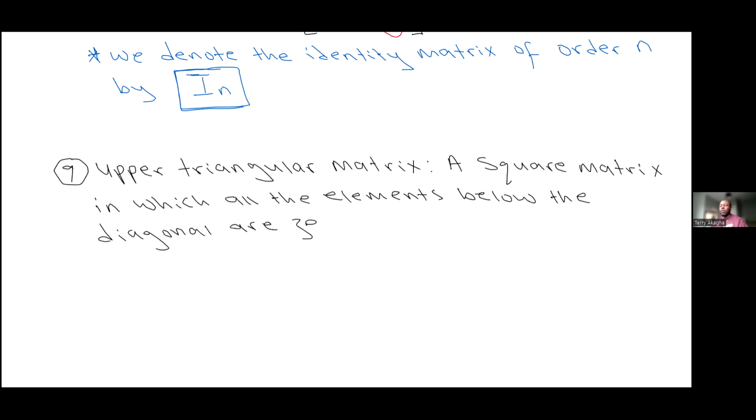Okay? So this is known as the upper triangular matrix.